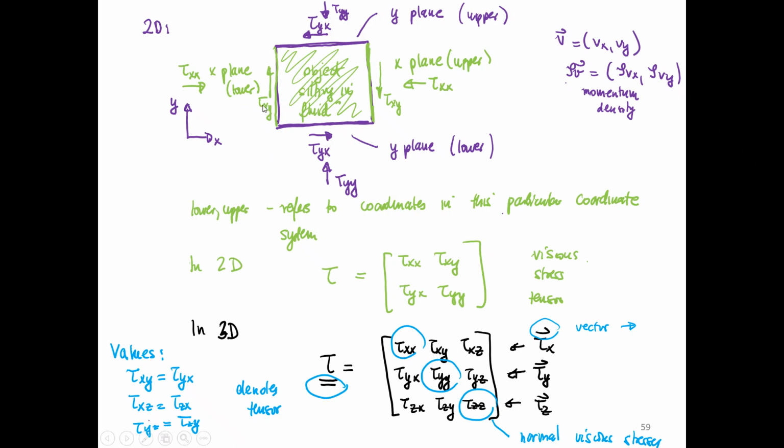Also, the force that this fluid sitting here is exerting on, in this case, my imaginary solid object sitting here. But I could also have fluid on the other side, of course. And then here, I'm acting in the direction opposite of the x-coordinate vector. So that's why my tau xy is pointing downwards.